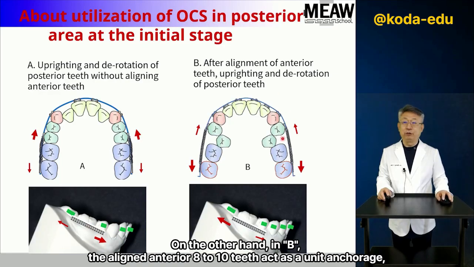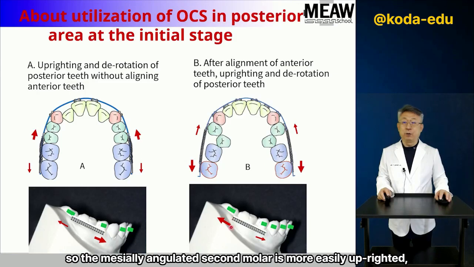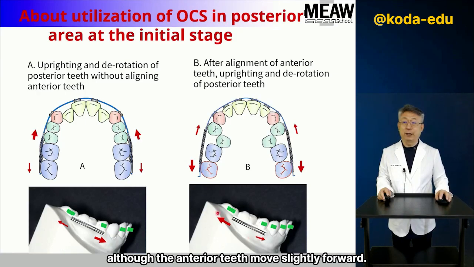On the other hand, in B, the aligned anterior 8 to 10 teeth act as a unit anchorage. So the mesially angulated second molar is more easily uprighted, although the anterior teeth move slightly forward.